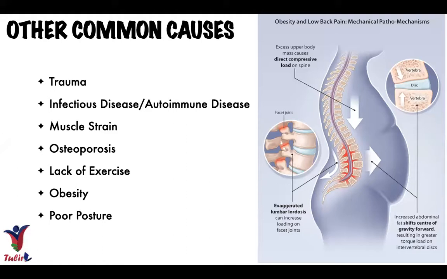You can see warmth over the pain region, and if you press the muscle, you'll get pain. Unlike a disc problem or vertebral problem, the pain due to muscle strain will not be radiating to the back or to the legs. In rare cases it might radiate to the buttocks. Otherwise the pain will be mostly localized.